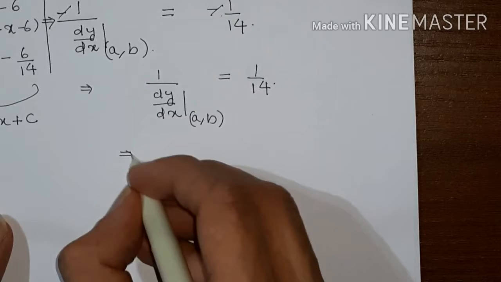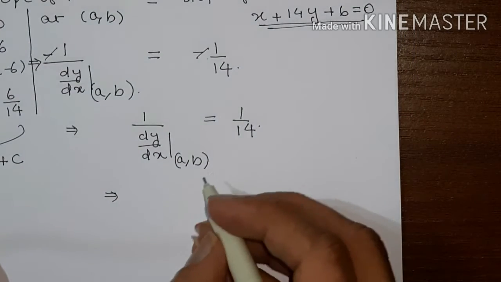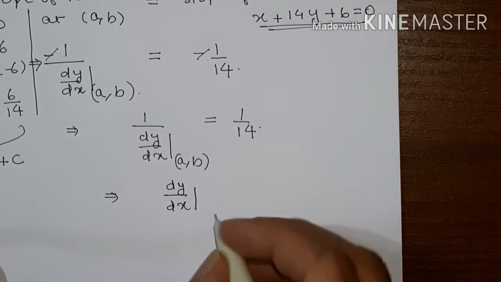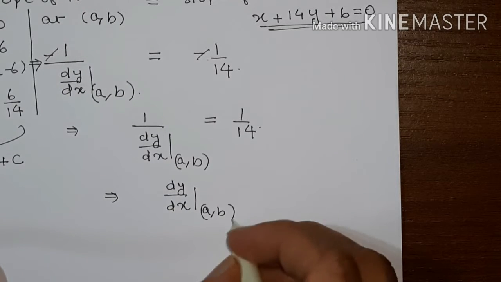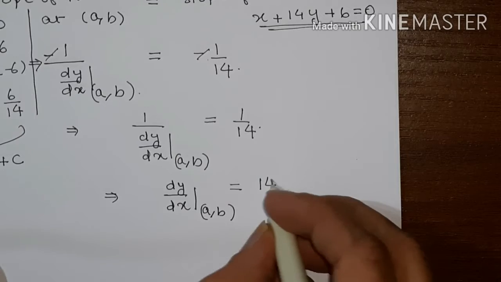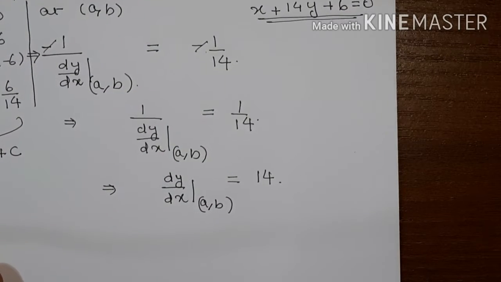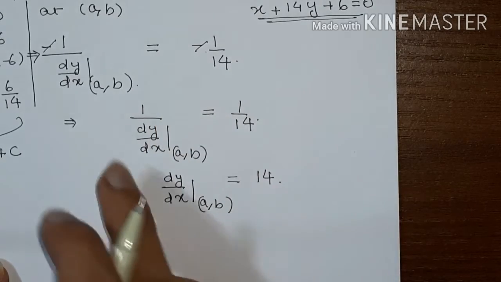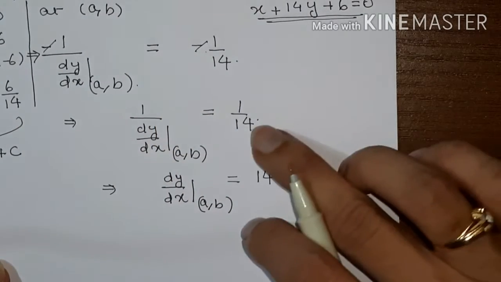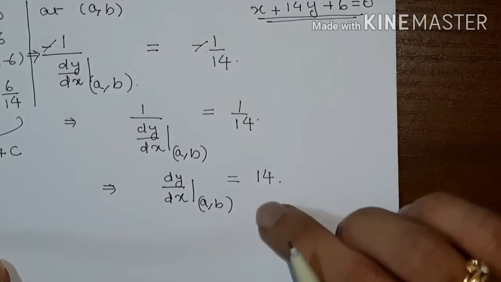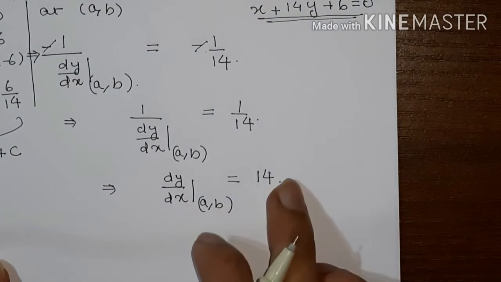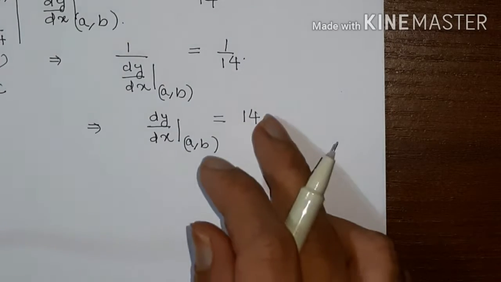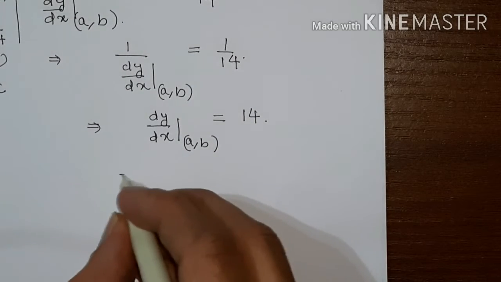Now if you take the reciprocal of both sides, what you will get? dy by dx at the point a comma b is equal to 14, right? Just take the reciprocal of this, and you take the reciprocal of this also, so 14 you will get. So dy by dx at the point a comma b is equal to 14.